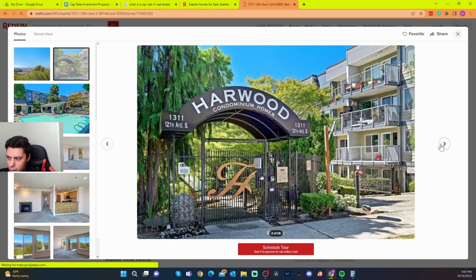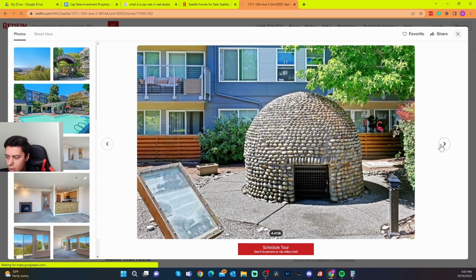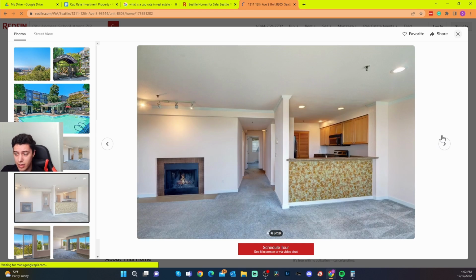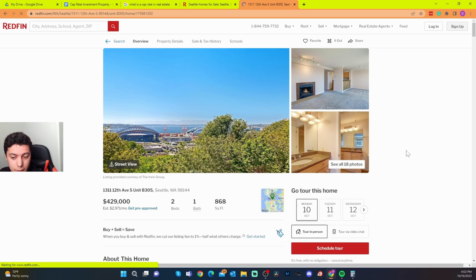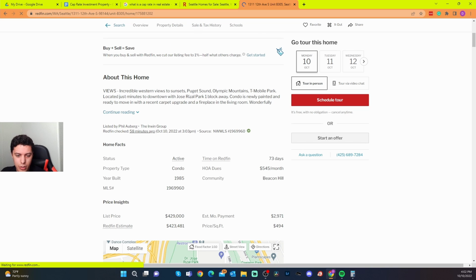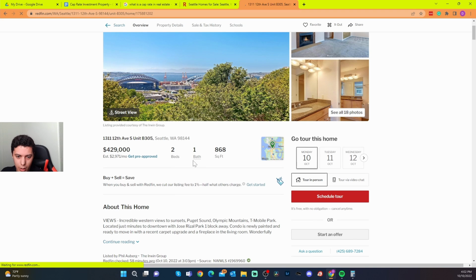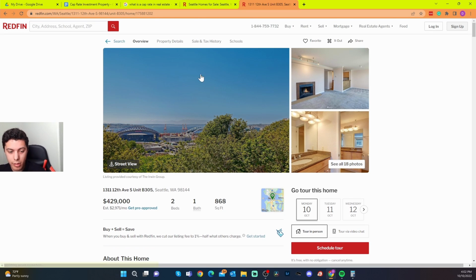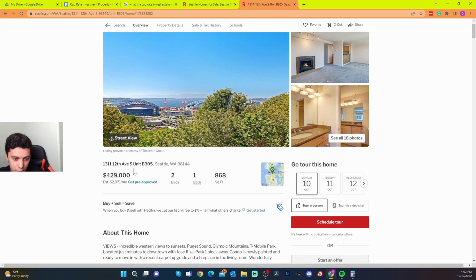It has a pool, and make sure you have a goal. What exactly are you looking for? Do you want it to have a community or any of those additional things? Do you want it to have a pool? A lot of pools sell, so if it has a pool, it's a bonus. So if you could do the math.